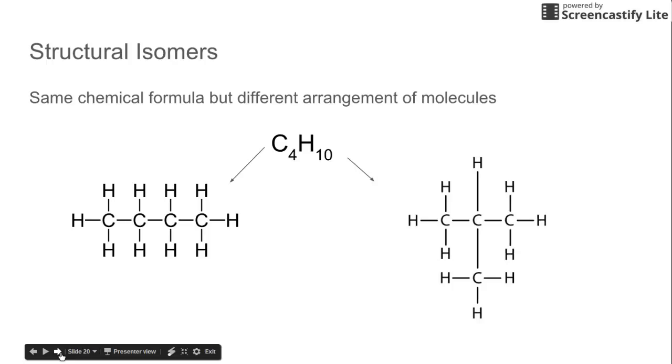Hopefully you came up with something that looks a little bit like this. This one is isobutane, and it has its own little properties. Butane over here has a boiling point of about -1 degrees C, and isobutane has a boiling point of -12 degrees C. So just the way that these atoms are arranged does give them different intermolecular forces.